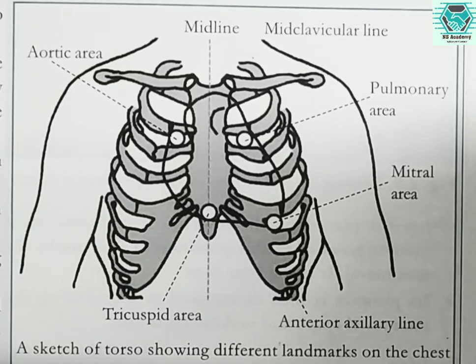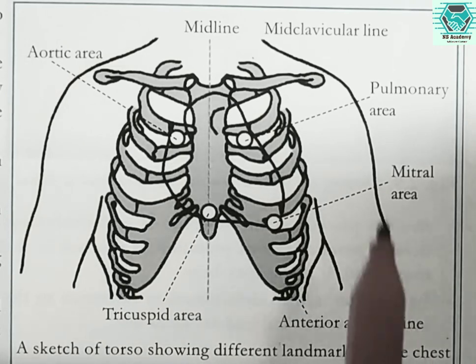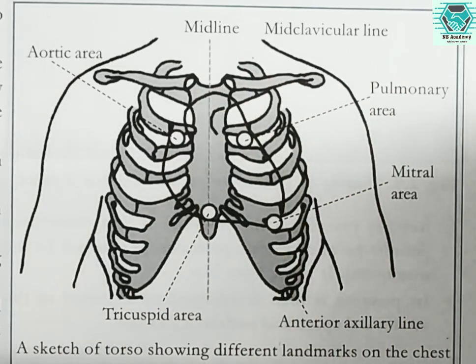The precordium is the area of the anterior chest wall overlying the heart. So you can understand in the diagram the different lines: the mid clavicular line, midline, anterior axillary line. Posterior is not shown here.